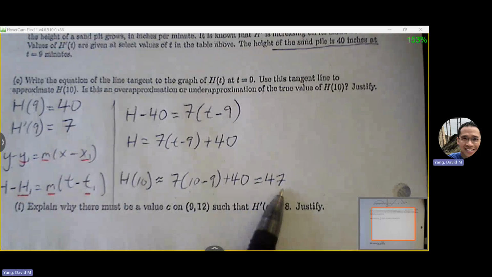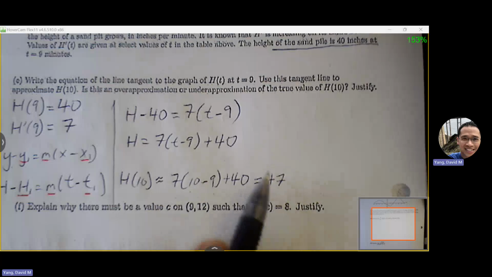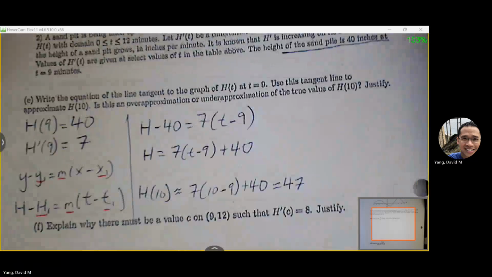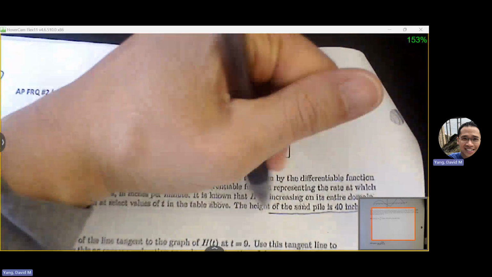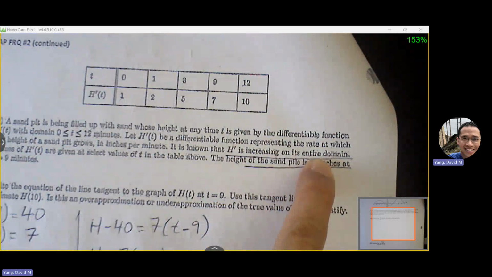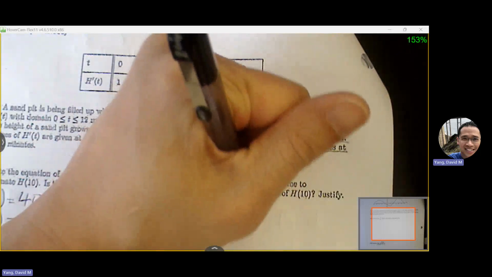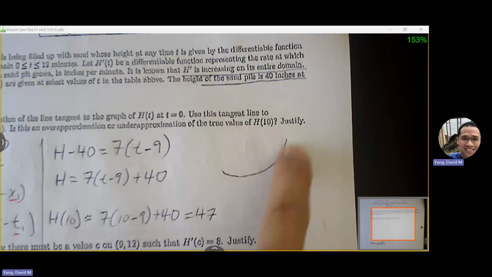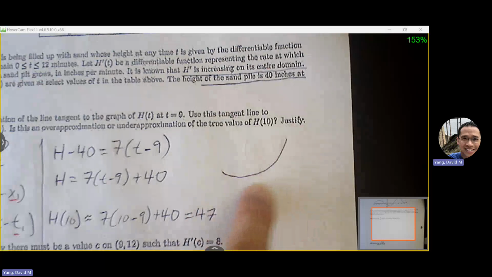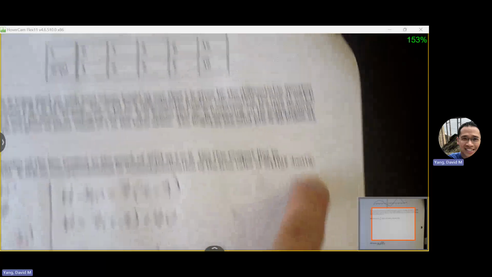So we want to know whether 47, we know 47 is just an approximation, is it an under approximation or over approximation? The way that we can tell is it says that it's known that H prime is always increasing on this entire domain. So if H prime is always increasing, then H prime is going to end up looking something like this. It's going to have that concave up graph look to it.